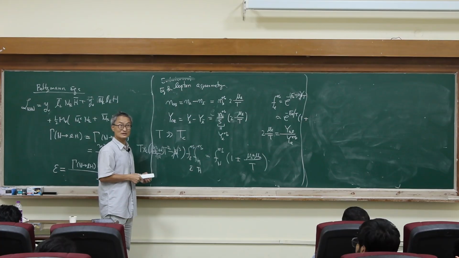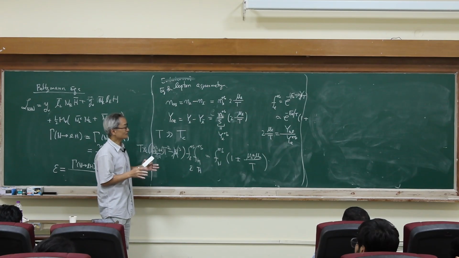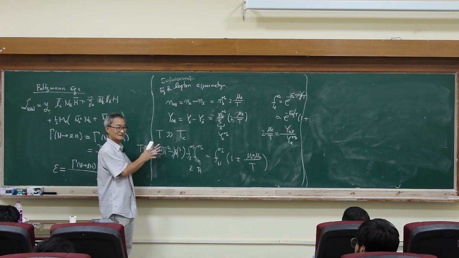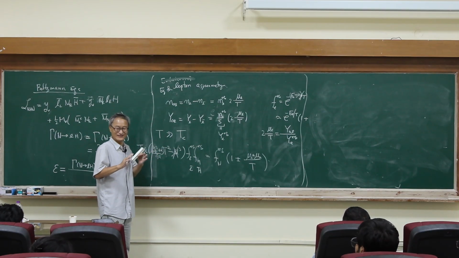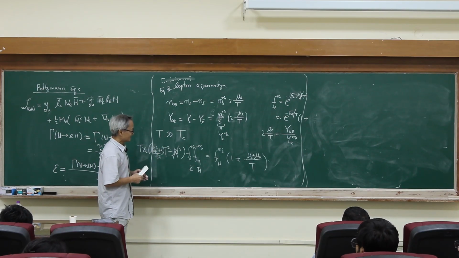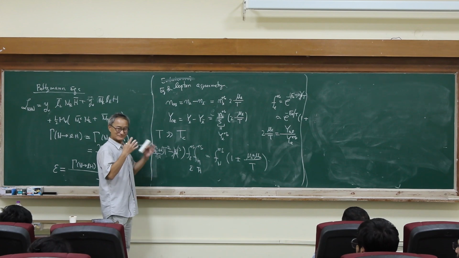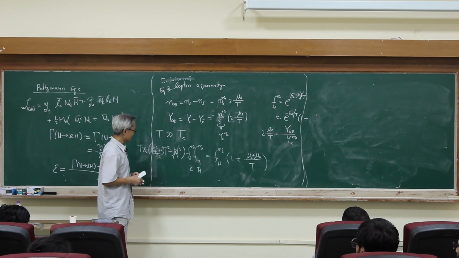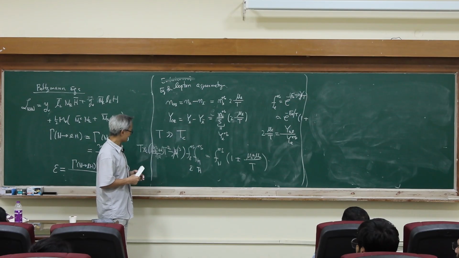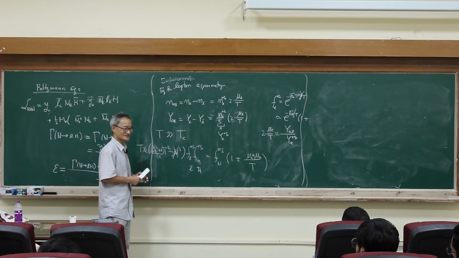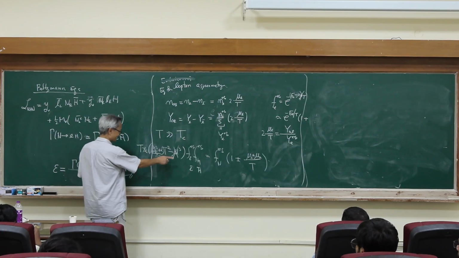Until 10 years ago, people really tried to do it more rigorously, and my follow-up of leptogenesis stopped earlier than that, so I didn't follow this new progress. But that was done by many people. At the end of the day, no big change. Okay, so I usually neglect it.